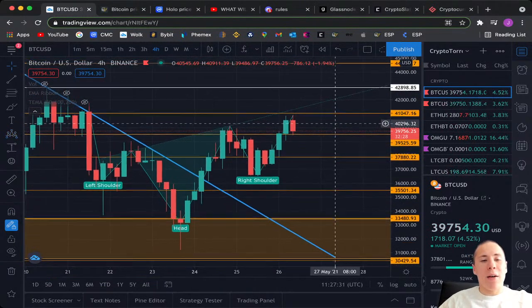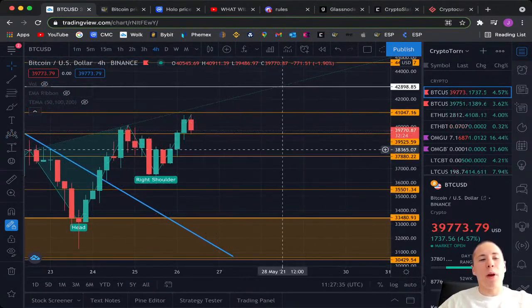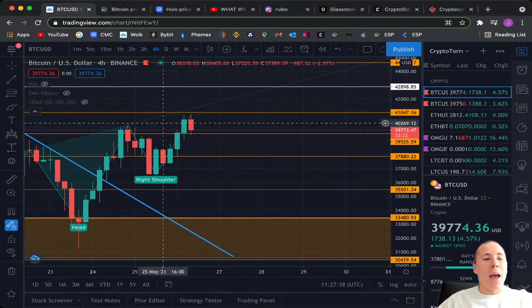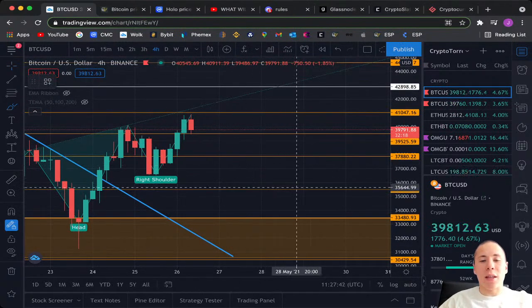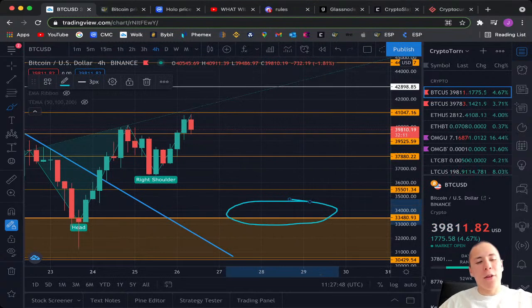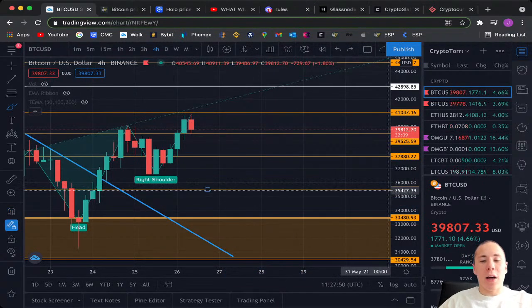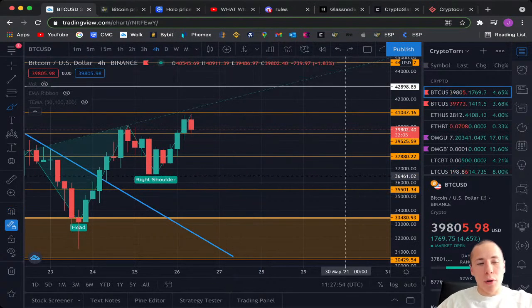But especially what I personally think would be a major level of support, where if we see a pullback, if you are trading with a low leverage, this is a potential great level to place your stop loss at $33,480. But otherwise, the $35,500 is as well a major level of support.